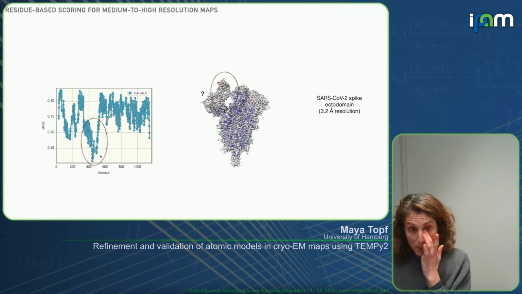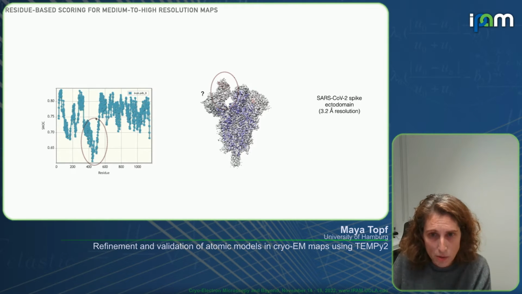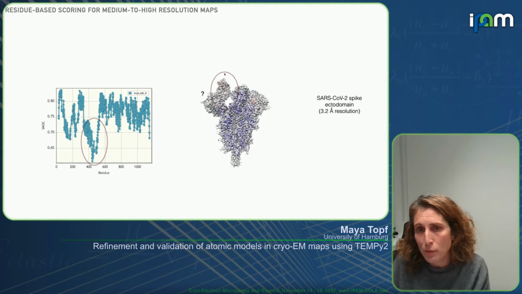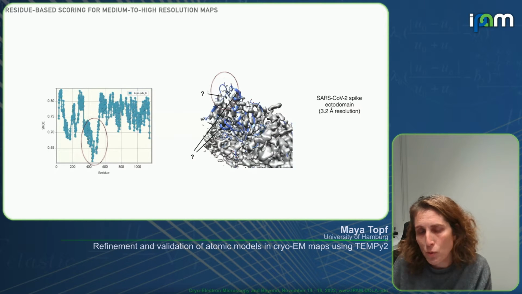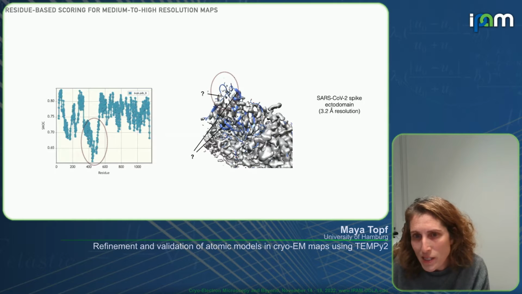It's not just one single amino acid; the whole area of the receptor binding domain is actually badly modeled. If you look more closely, you can see that the model is not correlating very well with the density that you see in this region.